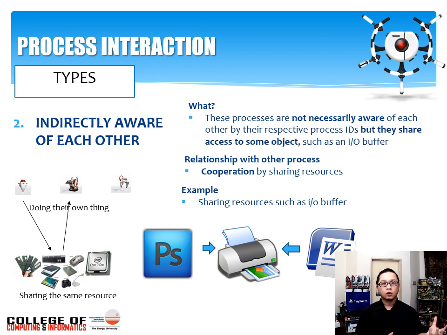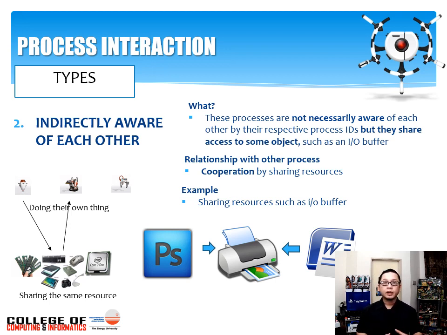So now Chrome wants to print something and Word also wants to print something. They are indirectly aware that another process wants to use the resource, and the other process is also aware that another process wants to use it. In this interaction, they are just sharing resources.